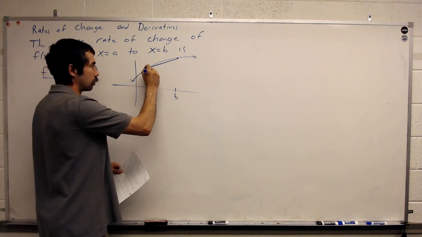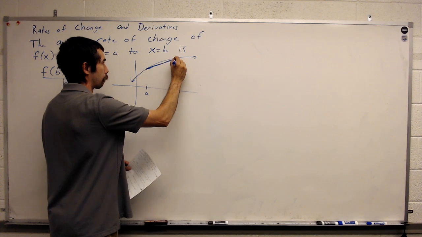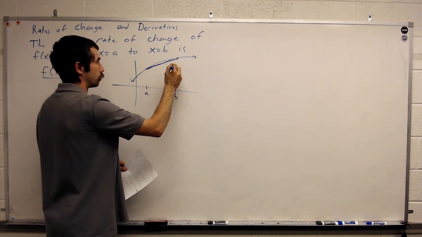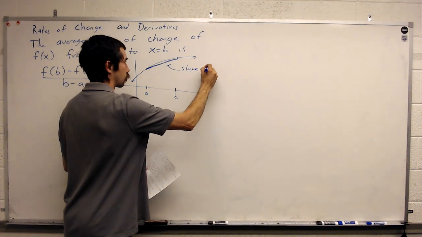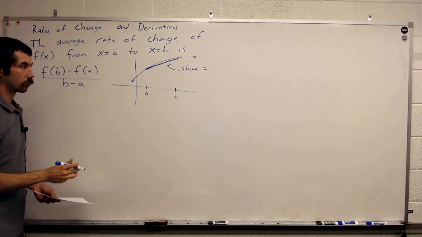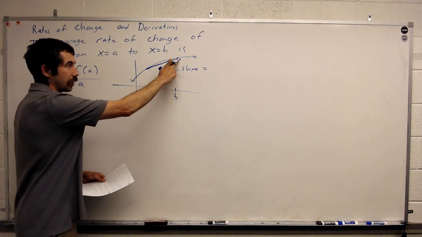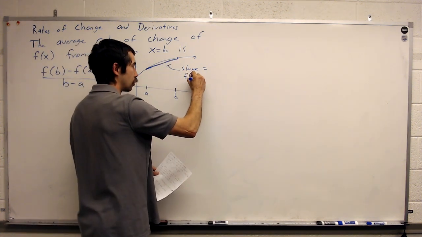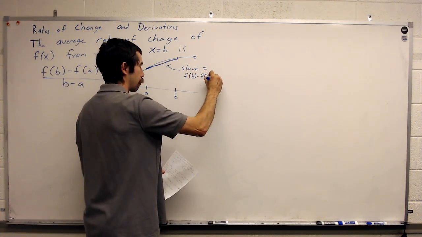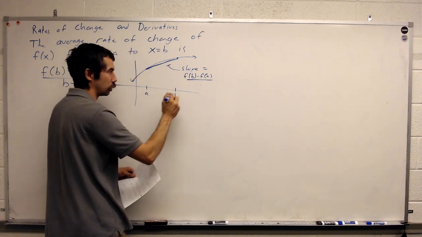This slope of this line is the change in y, so f of b minus f of a, over the change in x, which is b minus a.